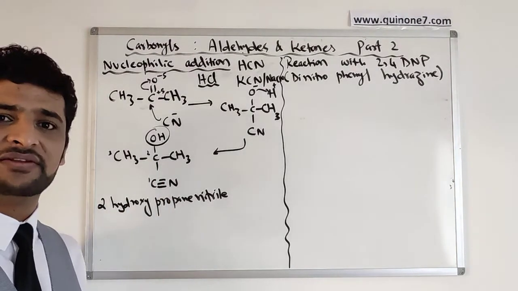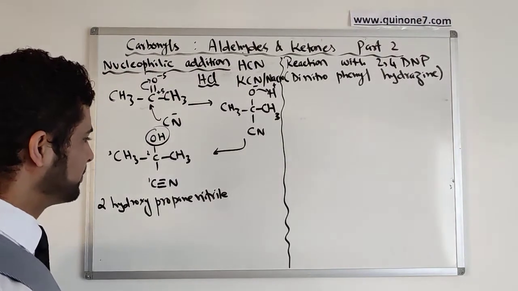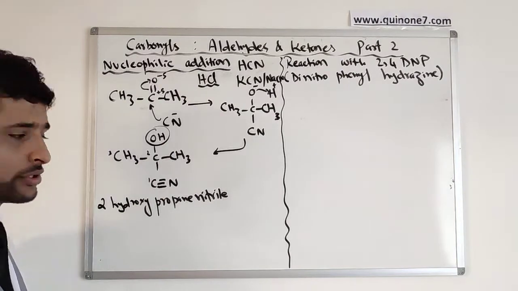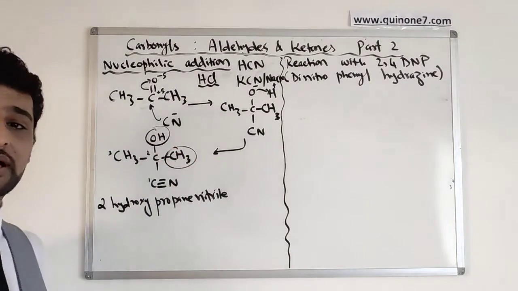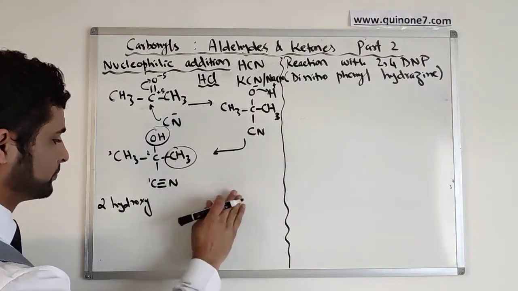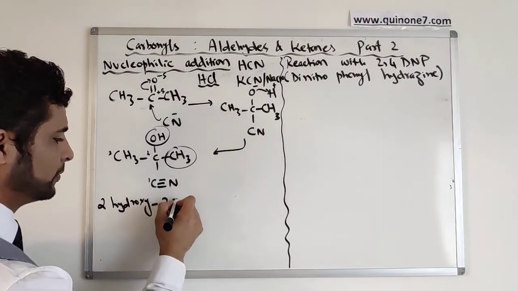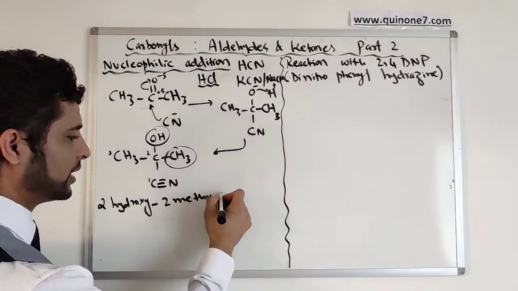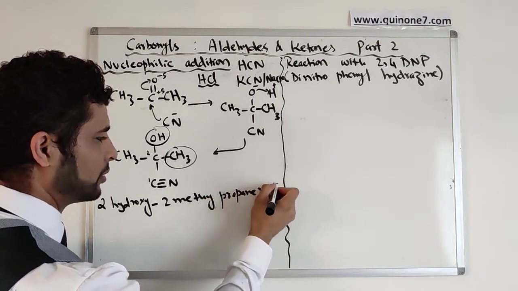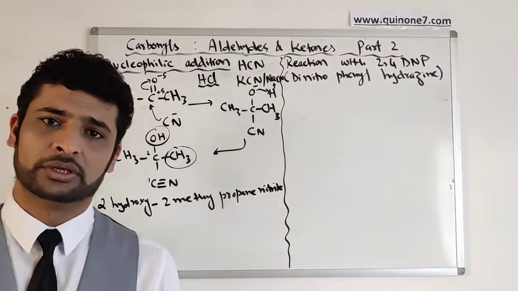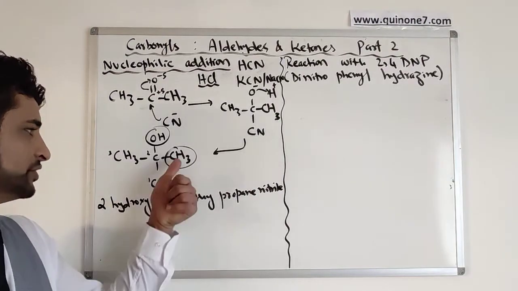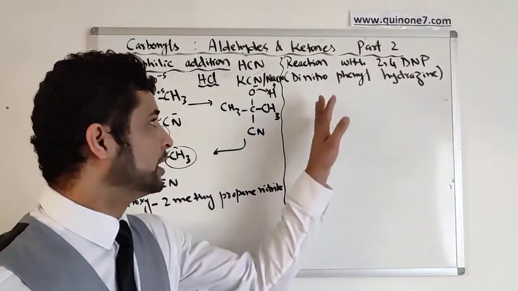The longest carbon chain is propane. The hydroxyl group is a side chain, and the methyl is also a side chain. So 2-hydroxy-2-methylpropanenitrile. Both will have different products, with just the addition of one carbon atom.